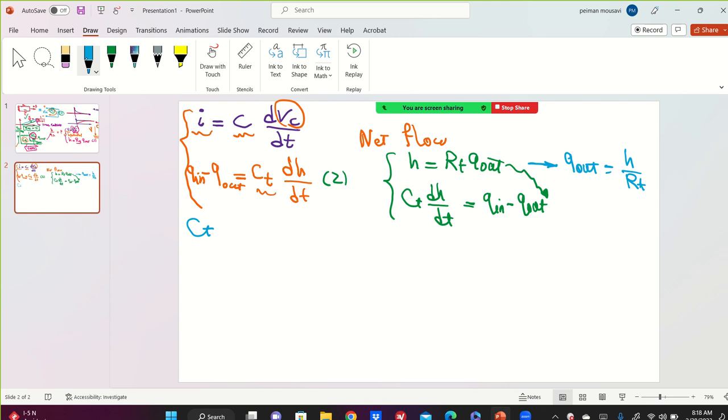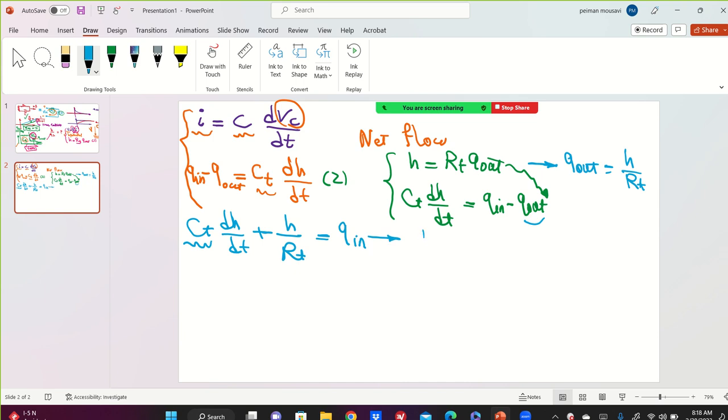So CT dH over dt, moving Q out to the other side, plus H over RT equals Q in. So I'm going to divide both sides by CT.